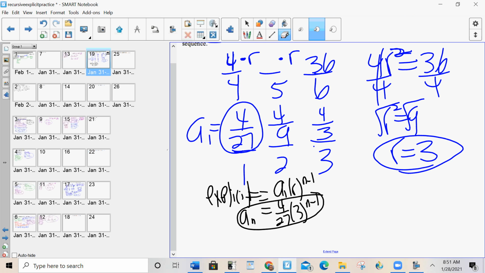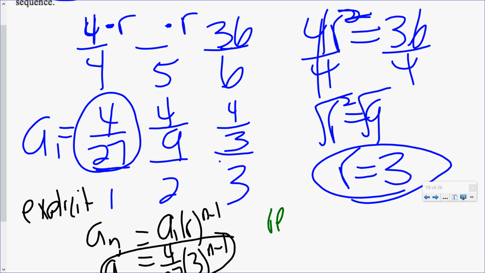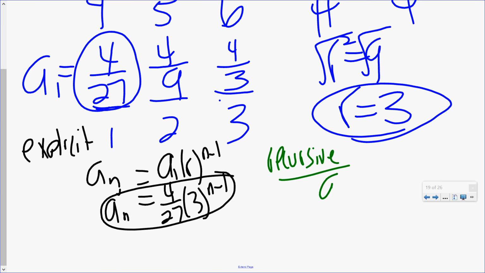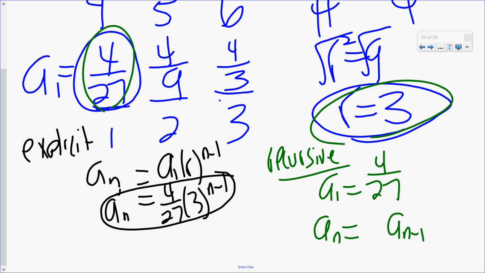It froze in the middle, so I got a little flustered. I want to make sure my an is in there. So for explicit, an equals that. All right, now for recursive, a1 equals 4 over 27, and an equals an minus 1 times something. What am I doing to the previous term? Multiplying it by 3. That's it.